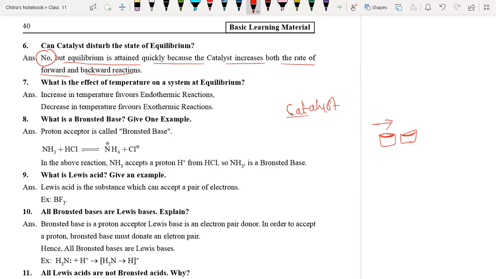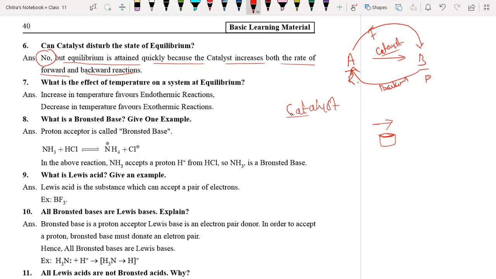Sir, it increases the rate of the reaction, but it doesn't get consumed. Okay, yes. Those substances whose presence increases the rate of reaction are called catalysts. Suppose A converts into B, where A is the reactant and B is the product. If we use a catalyst here, it will increase the rate of the forward reaction and also the rate of the reverse reaction, meaning the backward reaction.